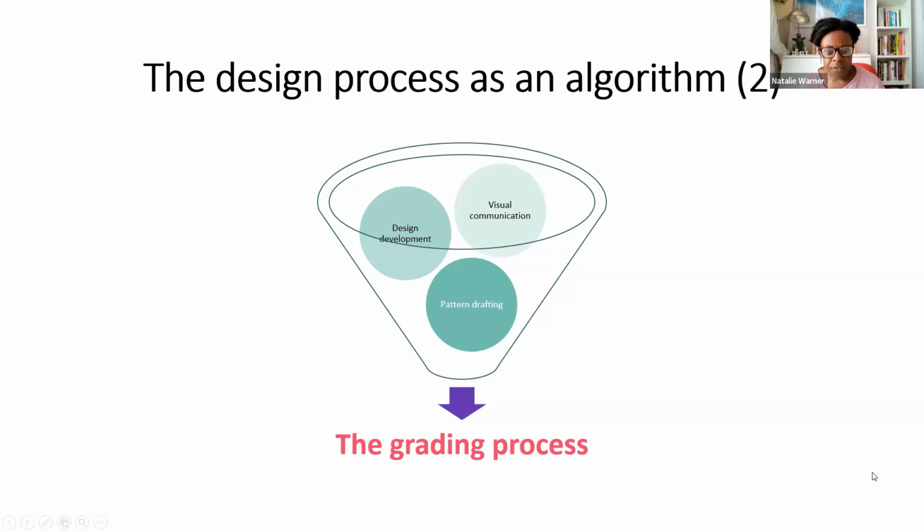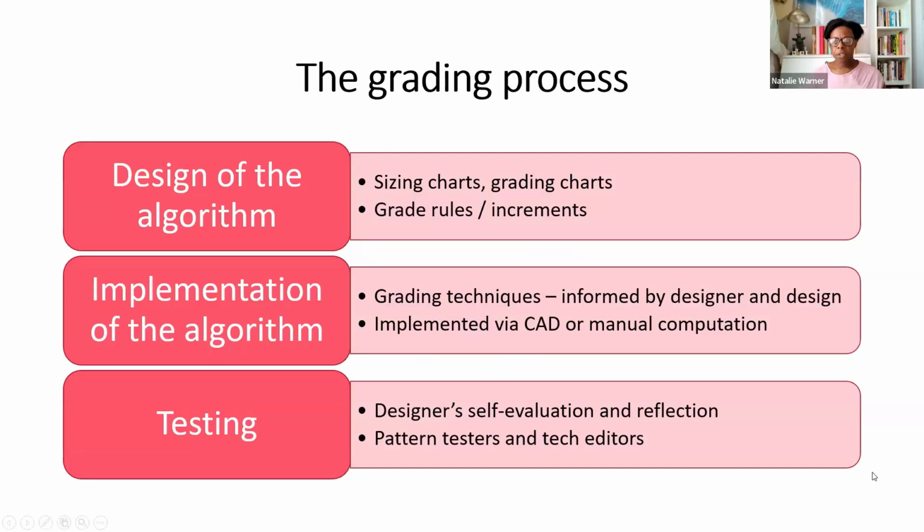And last visual for now is looking at the grading process itself against that same model. So you're designing your grading algorithm according to your sizing charts and your grading charts. And from that, you can generate or derive what are called grade rules and increments. And I'll come back to those in future lessons.